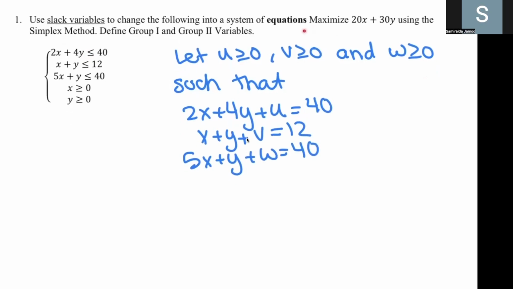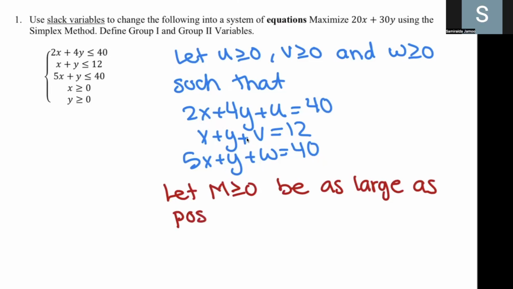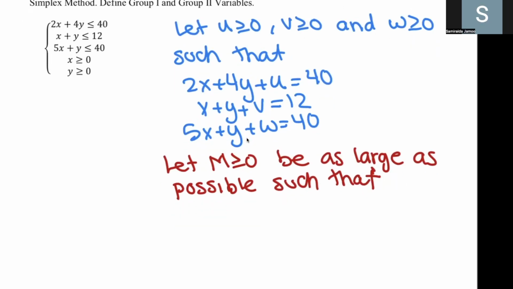Also, we want to maximize this equation here. So we will let m be as large as possible, so we'll let it be greater than or equal to 0, such that my objective function is equal to m.